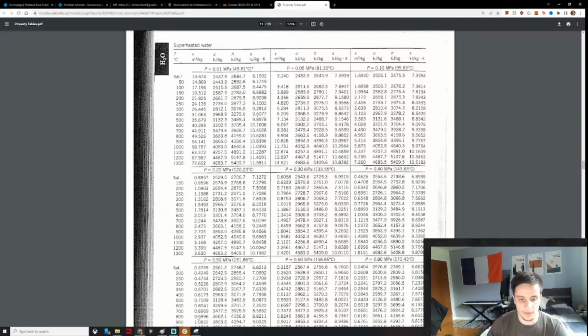There we go. 800 Celsius, go down. So here we see this one is specific volume, which we would need to find the mass flow rate. So 0.6181 meters cubed per kilogram. And then the specific enthalpy, which we also need, 4,155.6 kilojoules per kilogram.